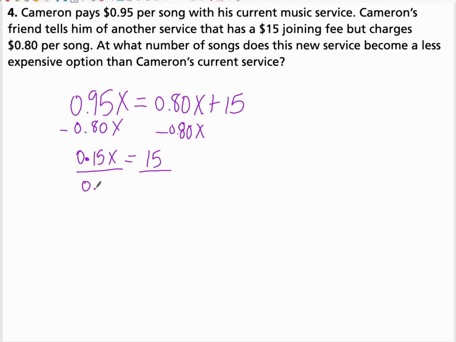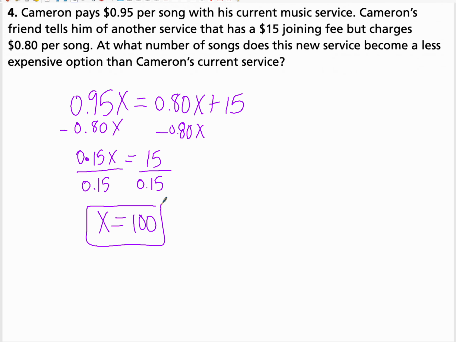Divide by 0.15. So x equals 100. And in this case, if he buys more than 100 songs, it would be cheaper for him to switch to the new music service. If he's not going to download that many songs, he should stay where he's at.